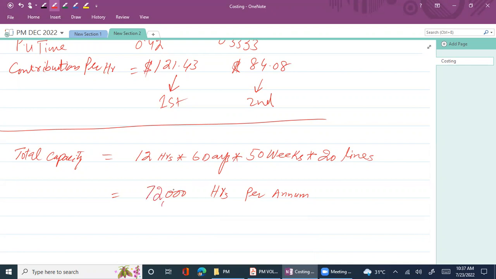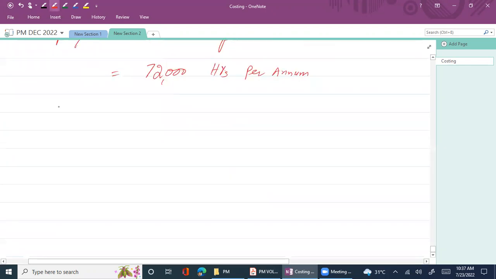And now we want to know about the binding constraint.